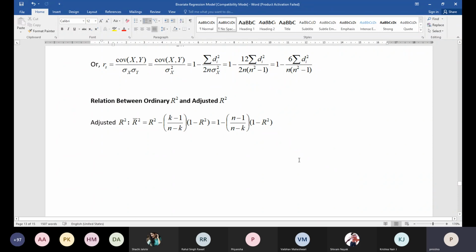So there is a very interesting concept, you can say some degree of fallacy also. Like, how many independent variables should we include into a model? How to decide on that?